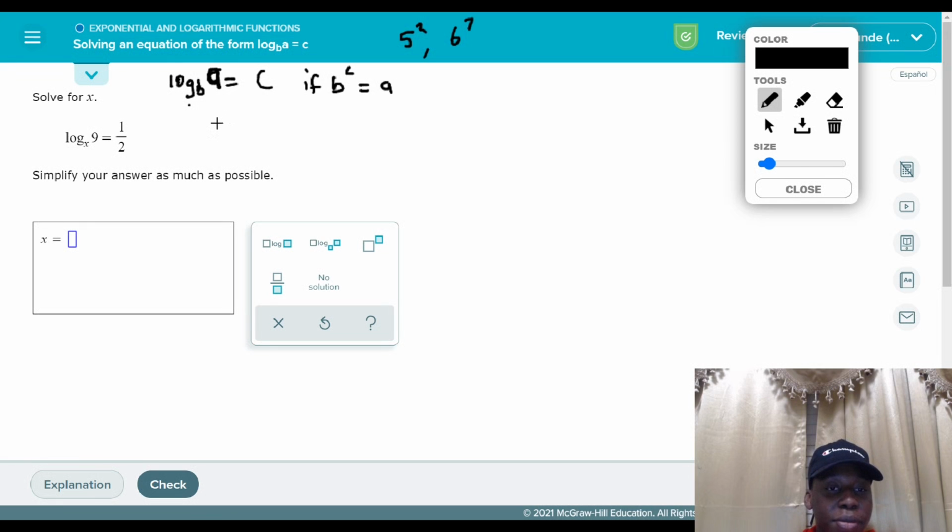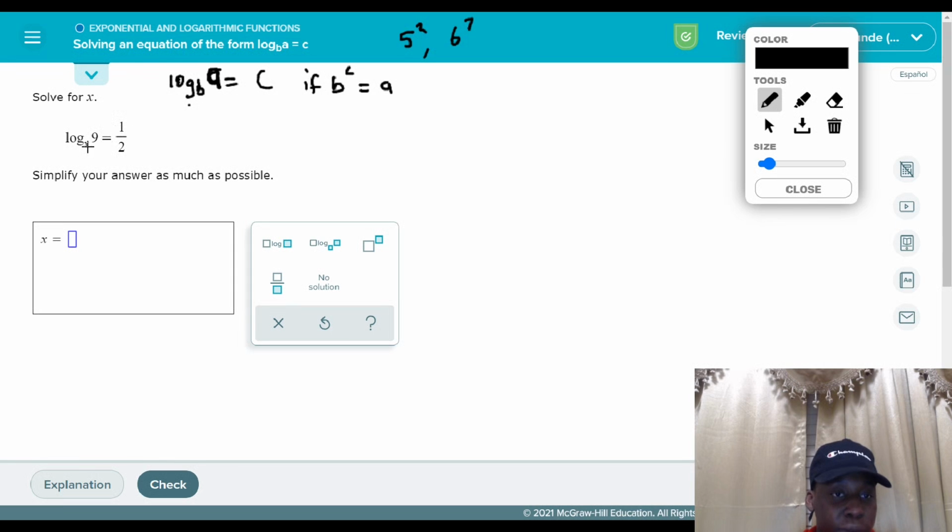Basically, what this is telling us is that this part is only true if b to the power c equals a. So when we take this number x and set 1 over 2 as the exponent, this should only be true if x to the power 1 over 2 equals 9.